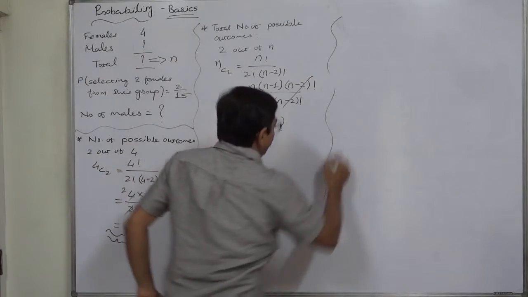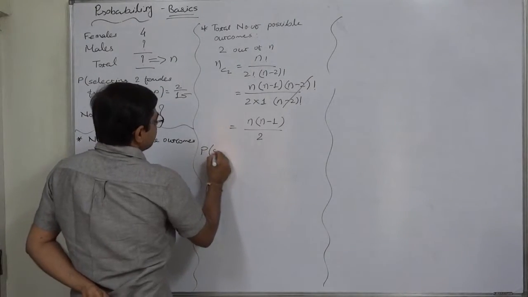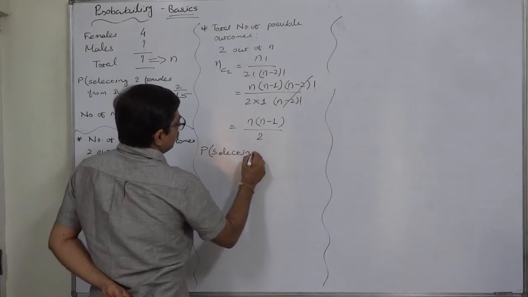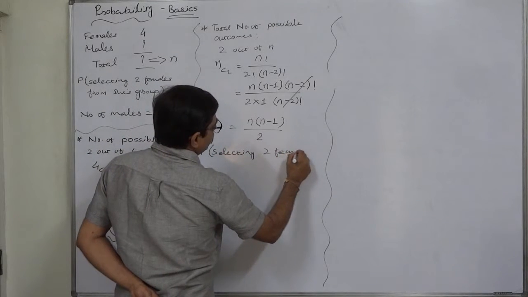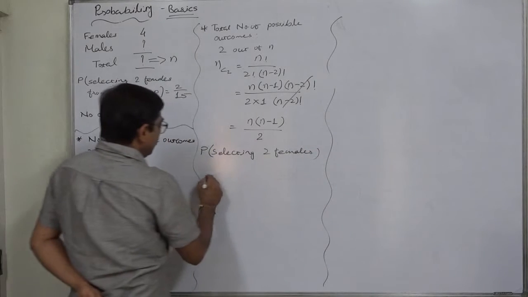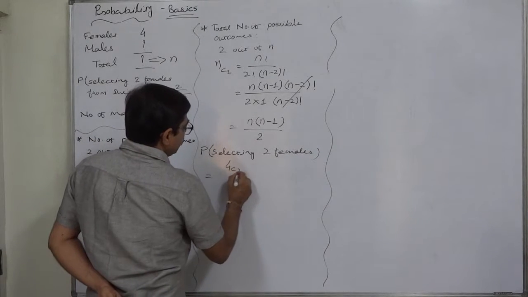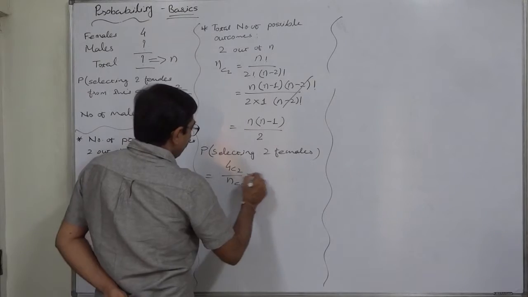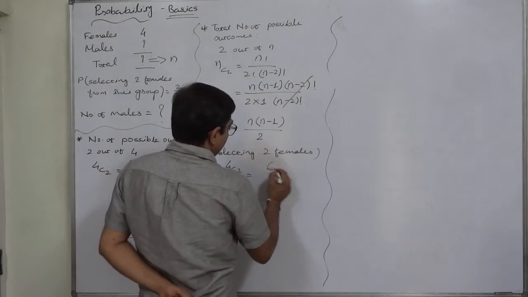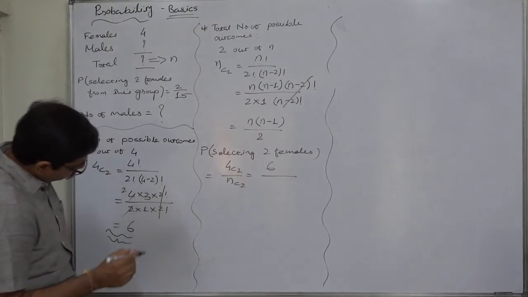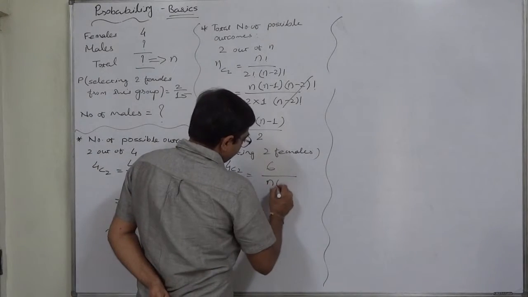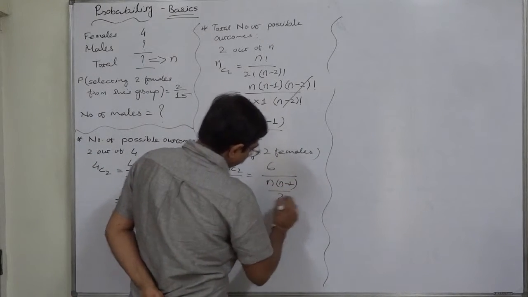Now the probability of selecting 2 females from this group will be 4C2 upon nC2. We have the simplified version of these two: 6 upon n into n minus 1 upon 2.